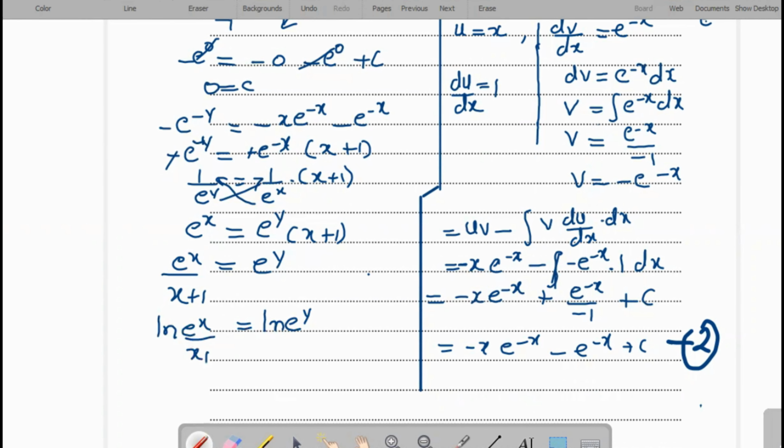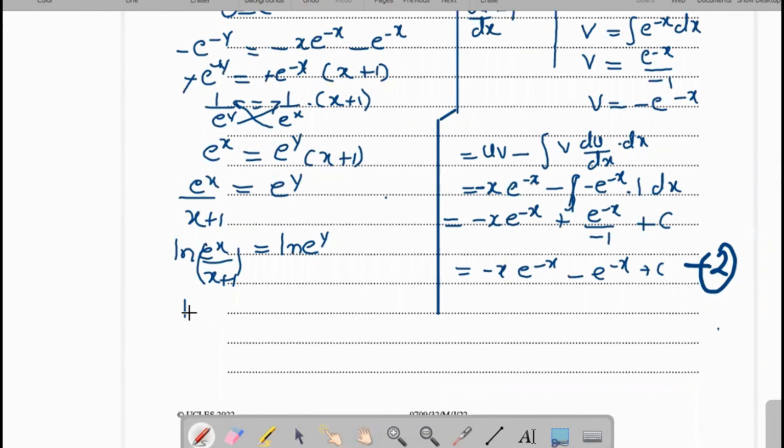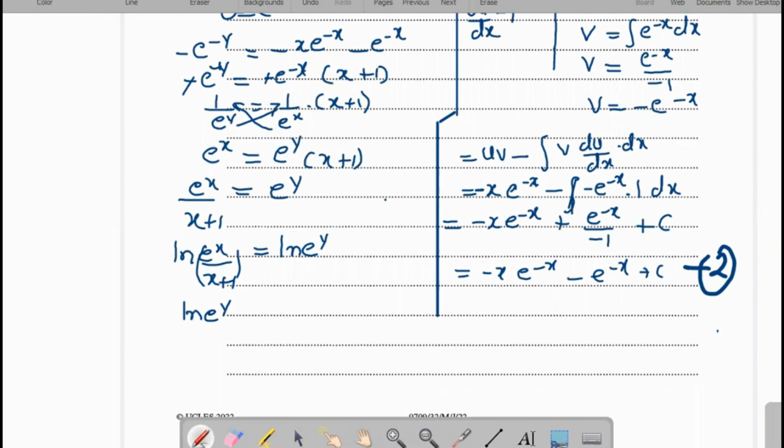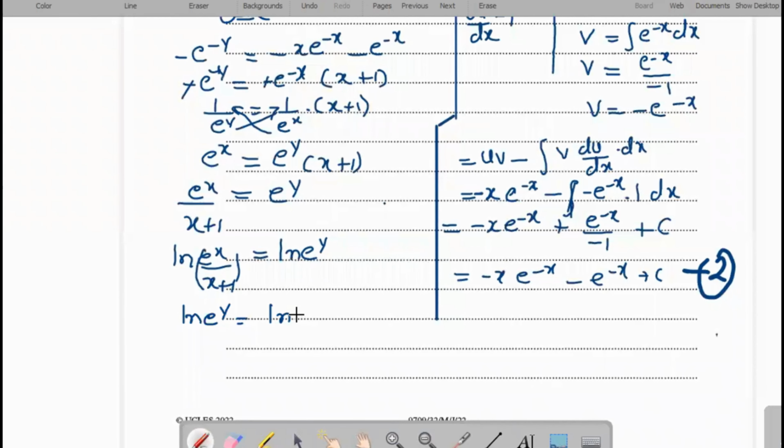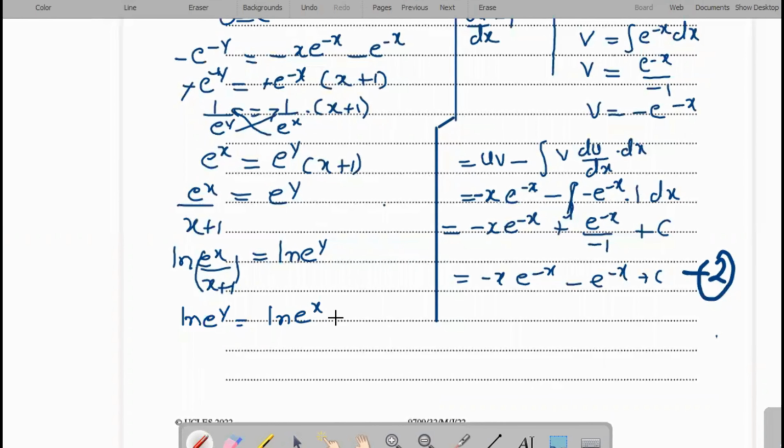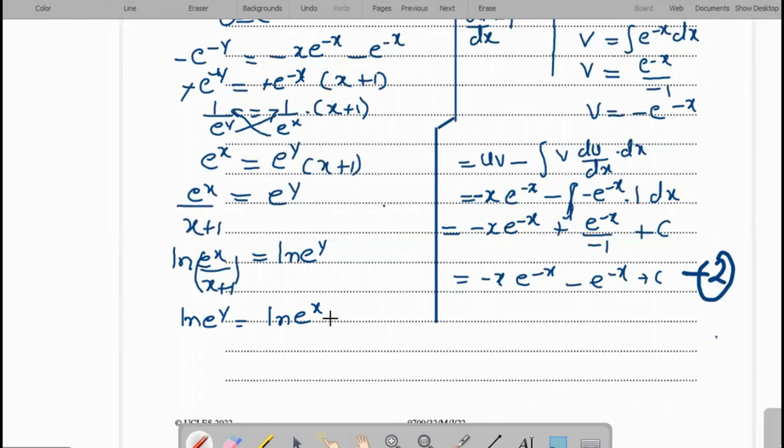Now that is equal to ln e power y is equal to ln e power x over x plus 1. And we use the rule: ln of a over b can be written as ln a minus ln b. Use the rule here.